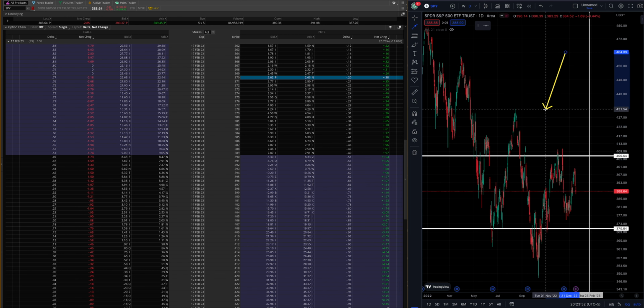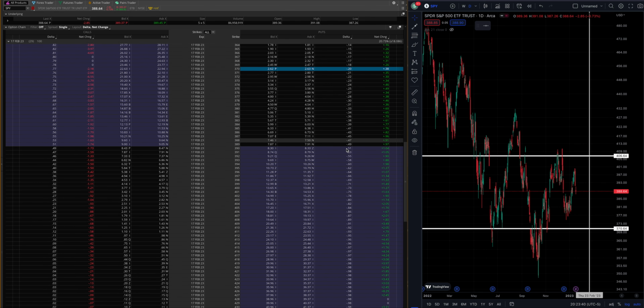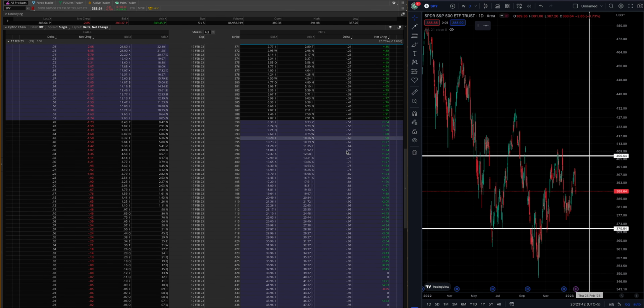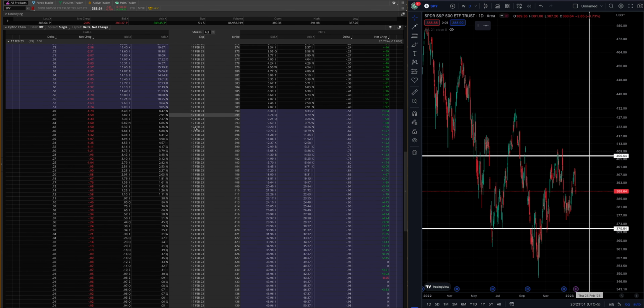So you could take the major high over here at 430, 431, go into your options cycle. This is 29 days. There's different time frames, different monthly and weekly expirations. We're in the 29 day, and we were at 431.